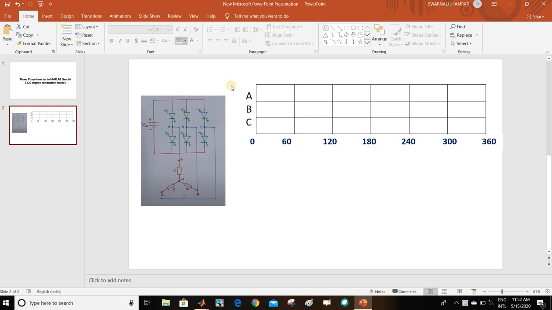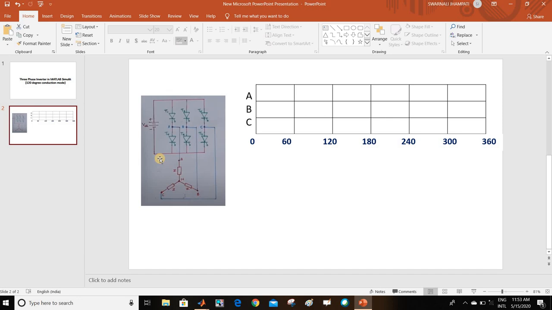First, it is a 120-degree conduction mode, so each switch will conduct for a period of 120 degrees. Second, for both switches in the same limb, T1 and T4 for example, the delay between these two will be 60 degrees, and the phase difference between two phases will be 120 degrees. That means the three phases will be 120 degrees apart from each other. So these conditions we have to keep in mind.